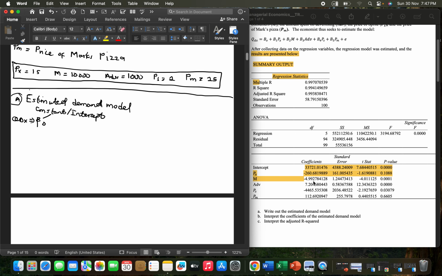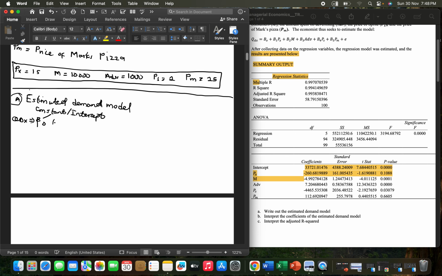You pick the next coefficient, minus 4.99278412 M. It follows in that order. But before we start that, we have to form the equation. The number of items here determines the number of betas we are supposed to use. So we have PX, 1, 2, 3, 4, 5. It means I'm going to have beta naught.